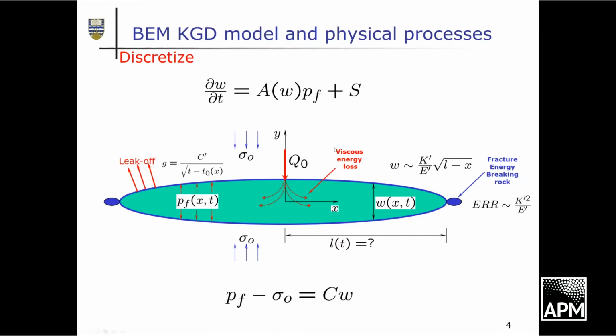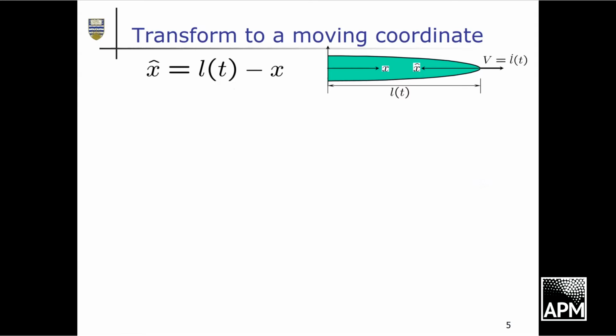If you discretize, you get this evolution equation, much like what Professor Linkoff was talking about, and you get this elasticity equation. Okay. So what I'm going to do now is what one does typically in applied mathematics. You transform to a moving coordinate system. Think of ourselves as a flea on the tip of the crack, moving at the velocity v. And rather than use the global coordinates, we introduce a local coordinate x hat, which is L minus x.